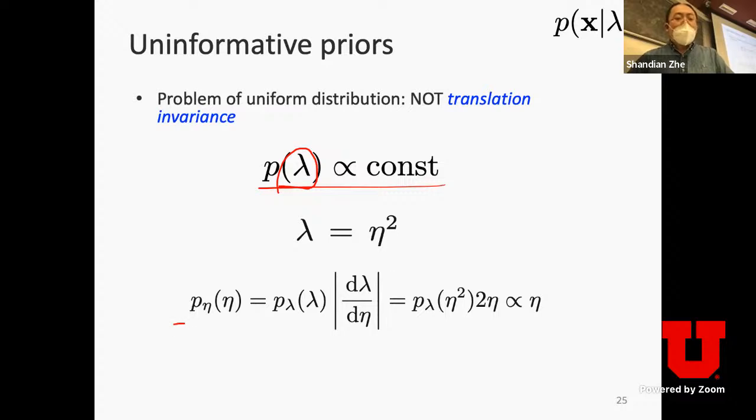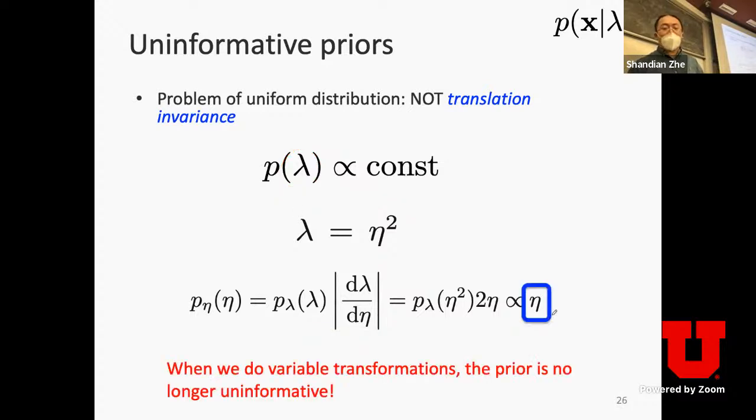So if we look at the prior of eta by applying the formula we talked about before, the random variable transformation for computing the density, we find that the prior of eta is proportional to eta. It's not proportional to some fixed constant. That means the prior of eta, which is the transformation of lambda, is no longer uninformative.